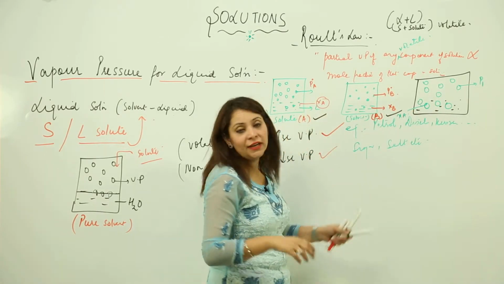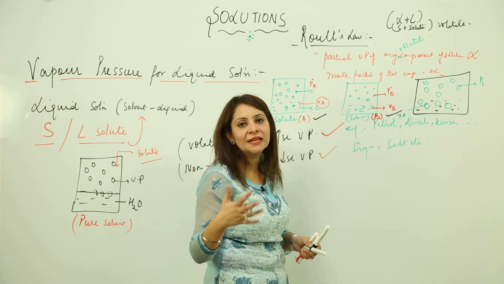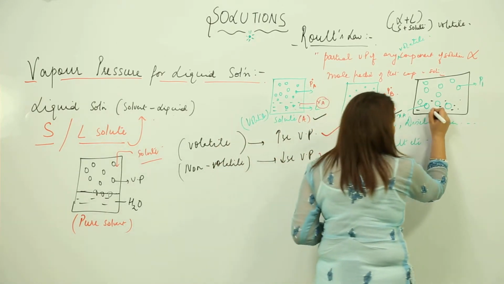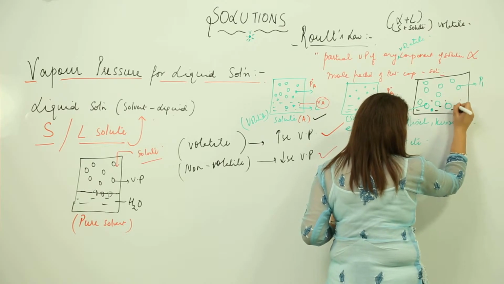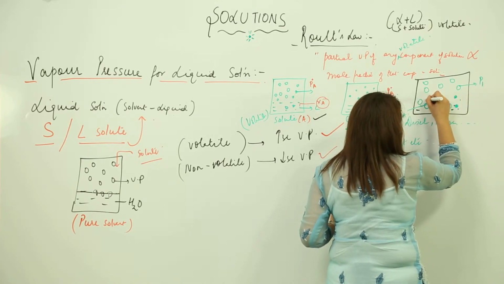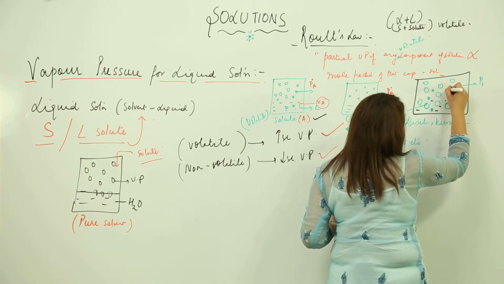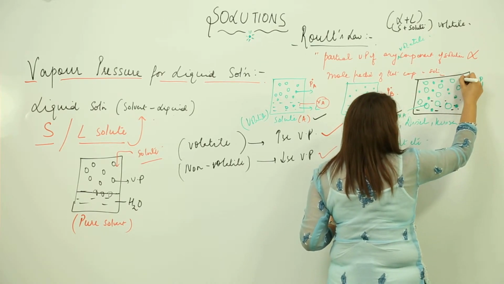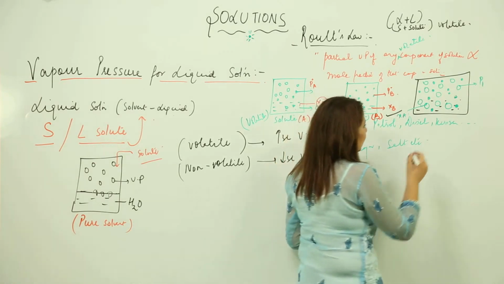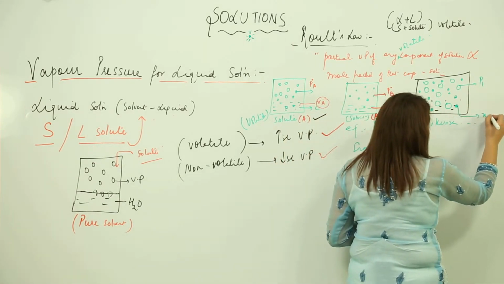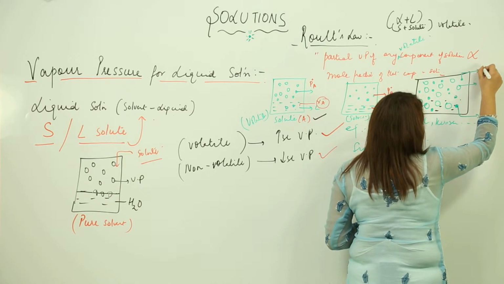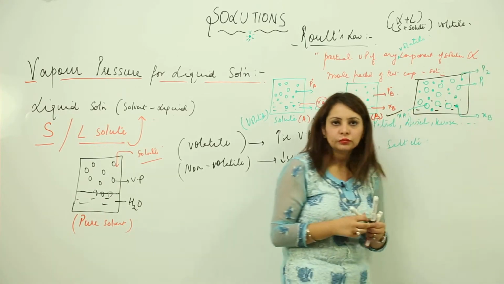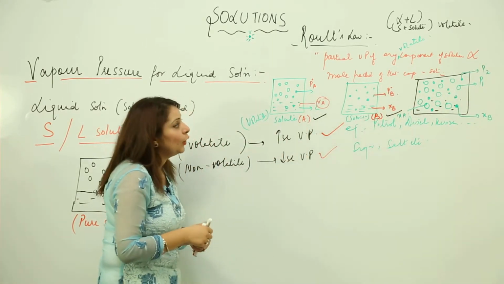Now we have the solvent, which is also volatile and has a tendency to escape, so I make it with dark circles. They are also present in the vapor form. The mole fraction of this solvent is XB and the pressure due to it is P2. What does Raoult's law actually say?